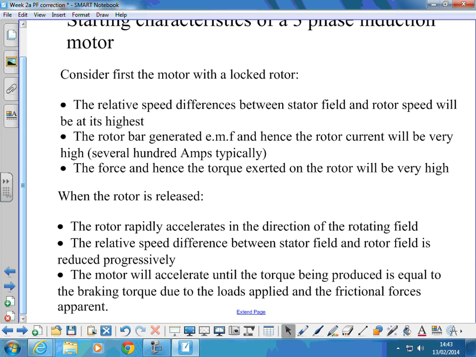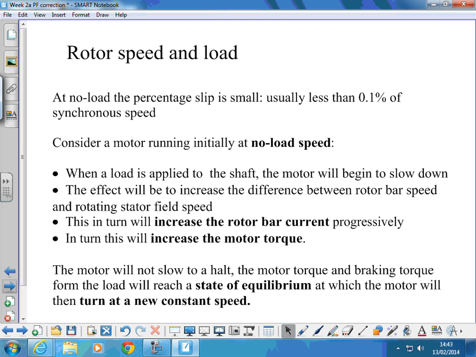When the two are equal, it'll sit at a constant speed. Unless you change the load, then it will either slow down or speed up until the equilibrium comes back. At no load speed, the percentage slip is small, usually less than 0.1% of synchronous speed.